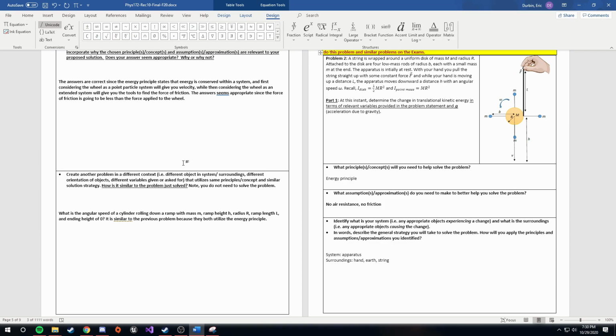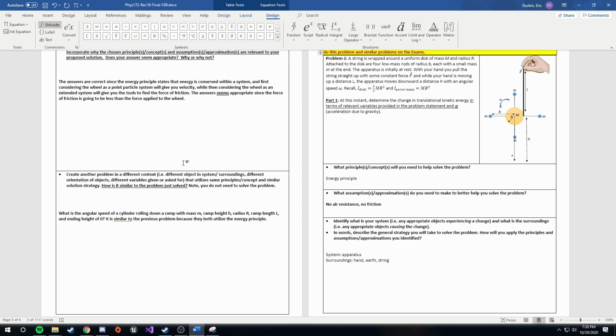So for this problem, the string actually isn't moving the center of mass. Why do you say that? Because the force is acting... looking at it, it looks like the force is entirely rotational, from the string at least.